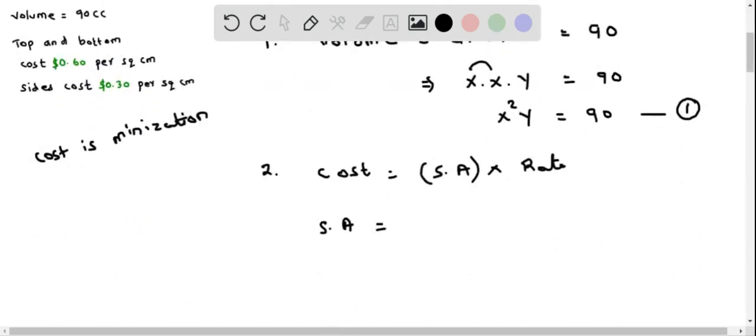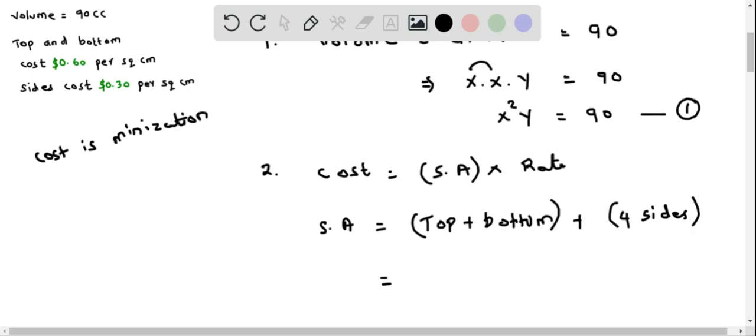So therefore, we can write down the surface area as the top plus bottom, and then the four sides, which include the front, the rear, the left, and the right.